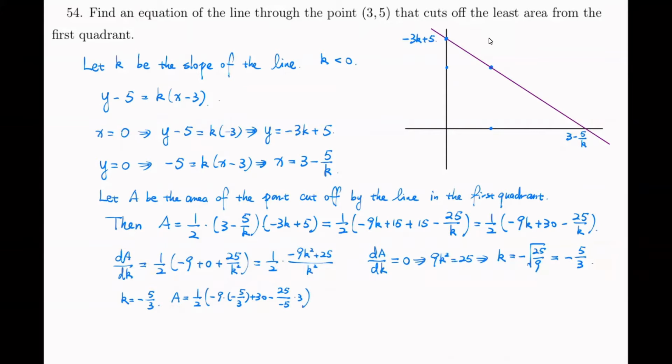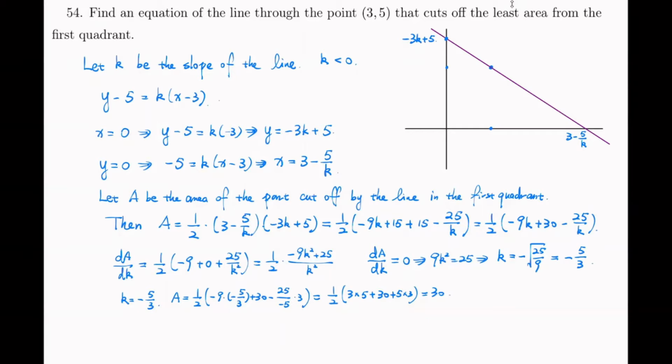So what do we get from here? We get 1/2 times 3 times 5 plus 30, and then plus 3 times 5 times 3. That will be 30 plus 30 divided by 2. The answer will be 30. So this is the area we get if k equals minus 5/3.